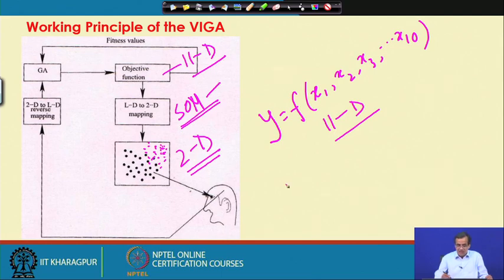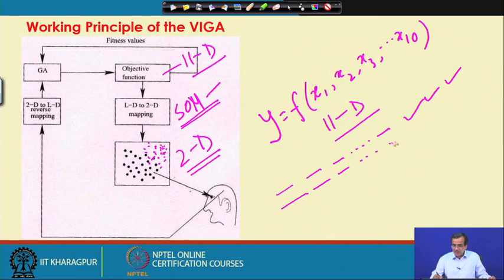The information, like the higher dimensional information and the lower dimensional information, those things are remembered by the algorithm. So, I have got a huge data; this corresponds to the higher dimension and this corresponds to the lower dimension.